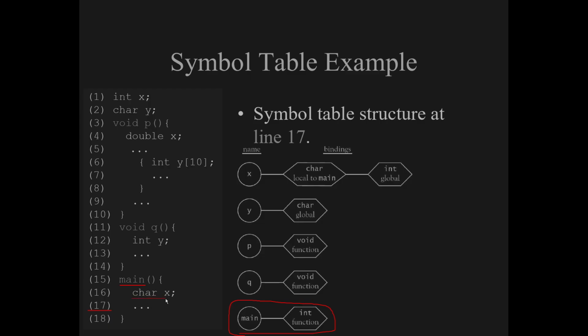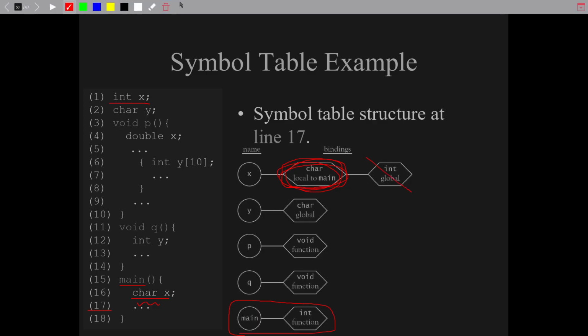And char x is local to main, so this declaration causes it to be pushed onto the stack for x, and the top of the stack is this actual character, and below it is the local declaration. So when we use the name x later in the function main, we're going to be referring to the one at the top of the stack, which is this one, and not this one.